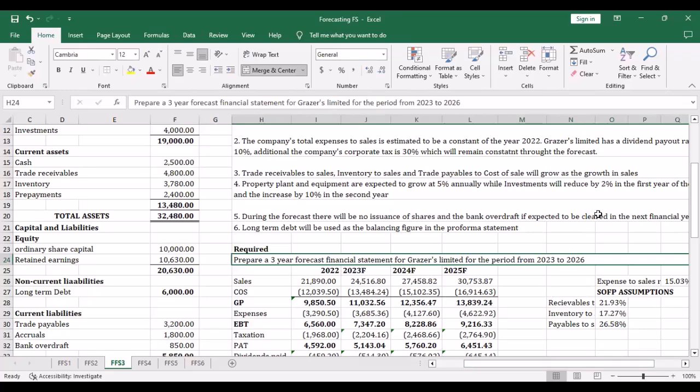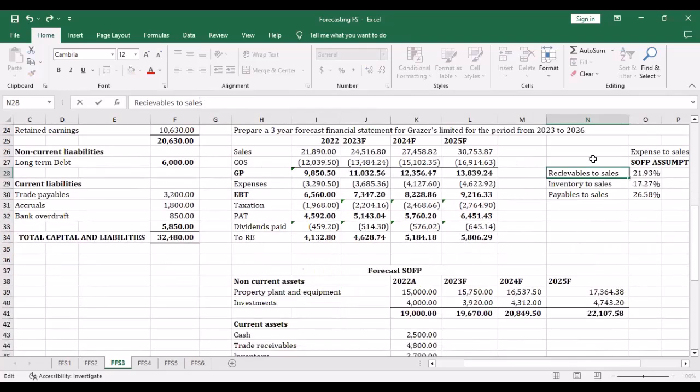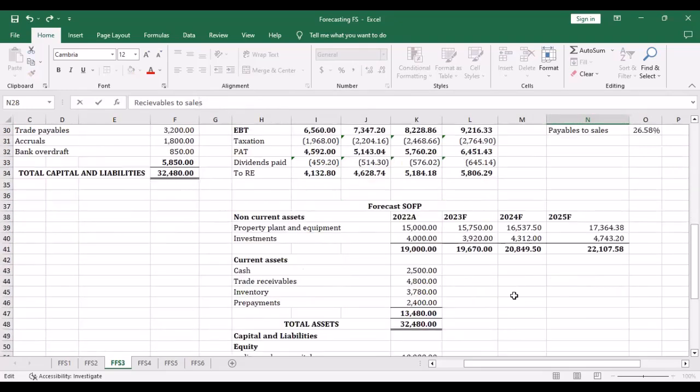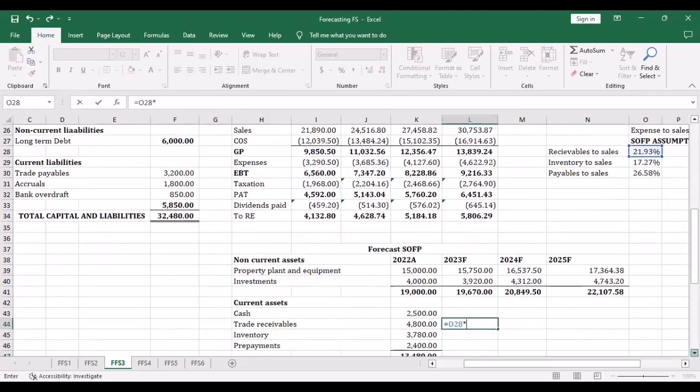So you can see now this one is the receivables to sales percentages. We'll come to receivables because they grow as the growth in sales. We'll multiply by the sales because the sales have already incorporated the growth.